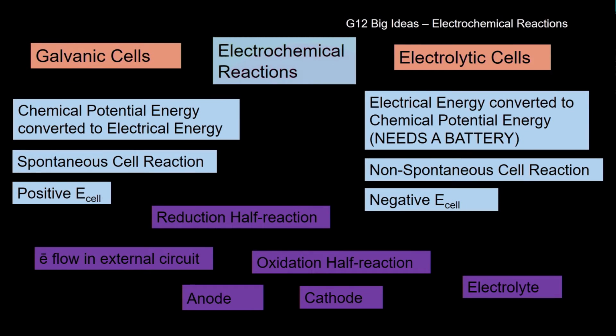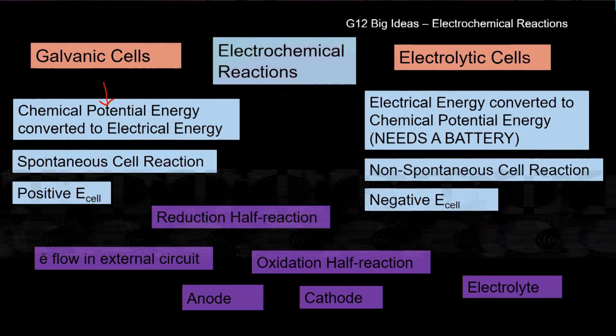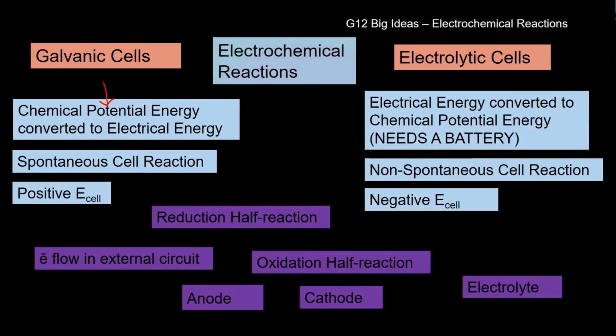What defines the galvanic cell is this. It is about the energy and the energy transfer. The galvanic cell is the cell without the battery or external energy supply. That means that the energy is coming from the chemical reaction. To define the galvanic cell, it is the electrical potential energy from the reaction that is being transferred into electrical energy.